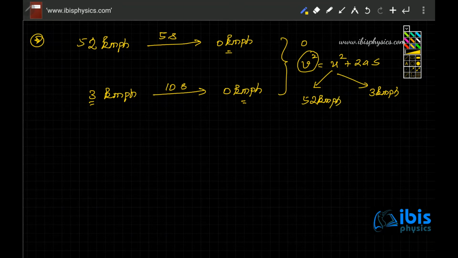So what is the value of 52 km per hour in meter per second? To convert kilometer per hour into meter per second, we have to multiply by 5 by 18.